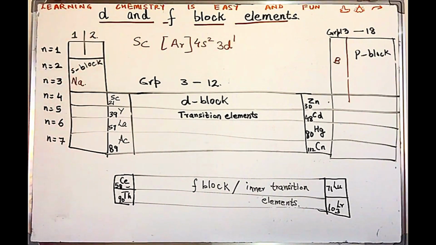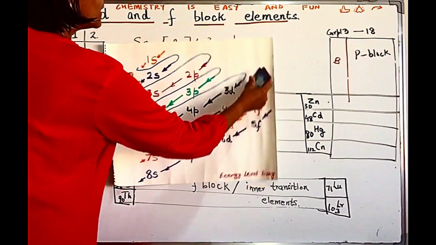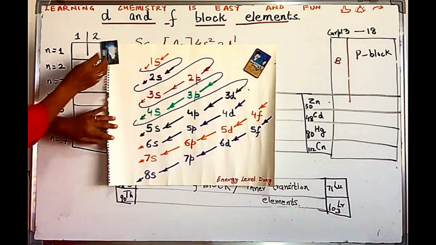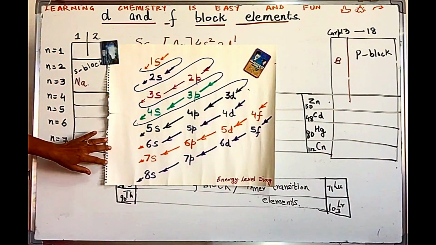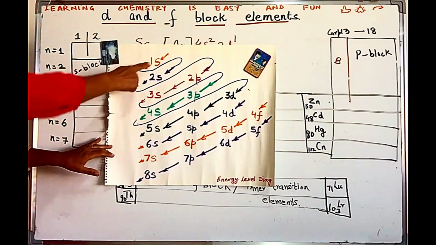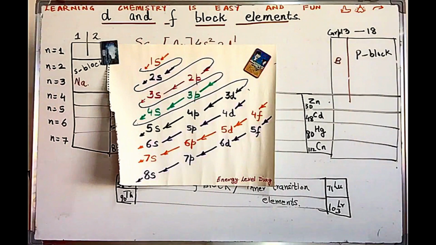This is actually based on the Aufbau table, which, as I said, is already covered on the channel under the heading of periodic table and atomic structure. So have a look at this Aufbau table, and if you are not sure about this, you can copy this. This is the order in which the energy levels are filled up.